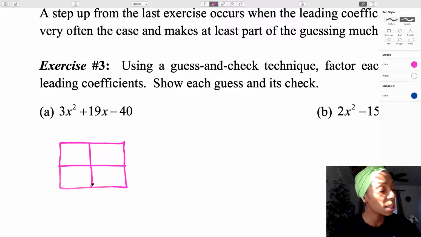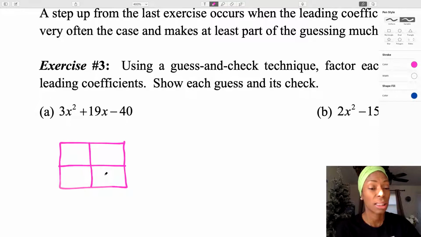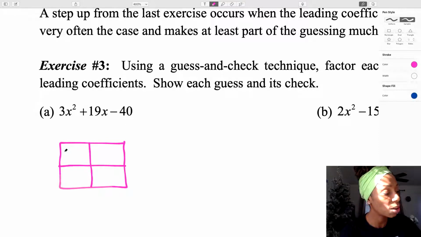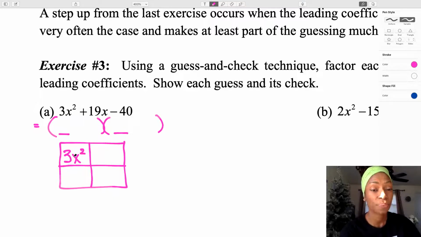Once we fill in the boxes, then we could figure out what we multiplied to get what was in the boxes. So this 3x squared, we know goes in the first box because the first two terms in our binomials is what we use first to multiply and get that first term.